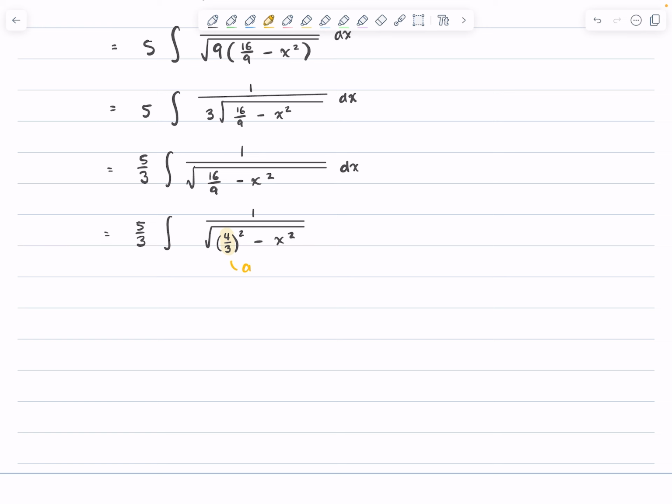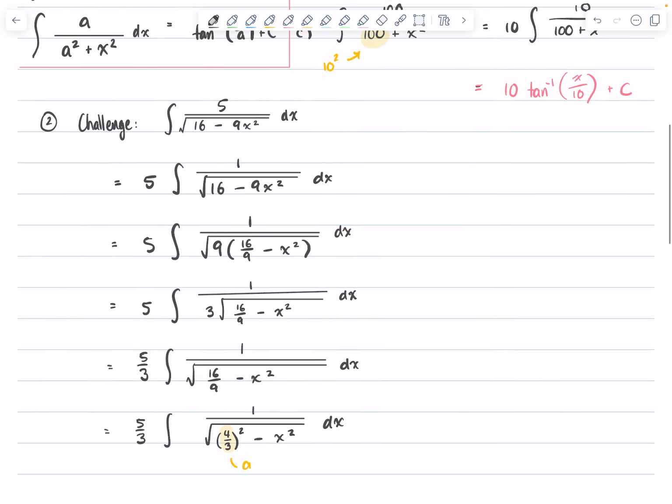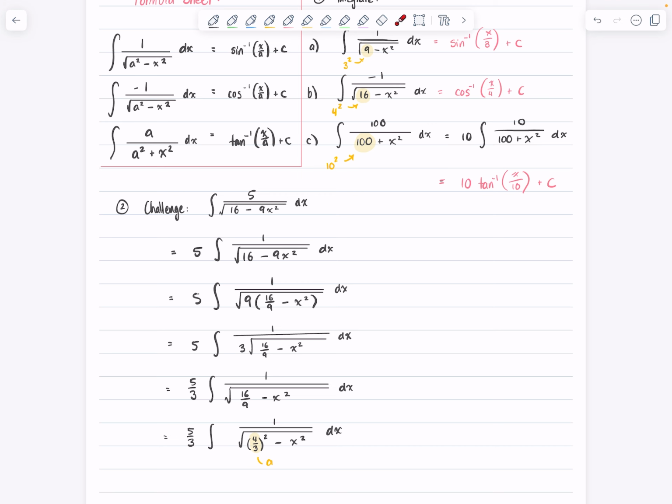What I've just set up, this final expression here, is what I'm going to be integrating straight into the rule. So I have 1 over something squared minus x squared, and it can go straight into this. x over a, it's going to be x over 4 on 3. So I might just bring this all the way up to the top.